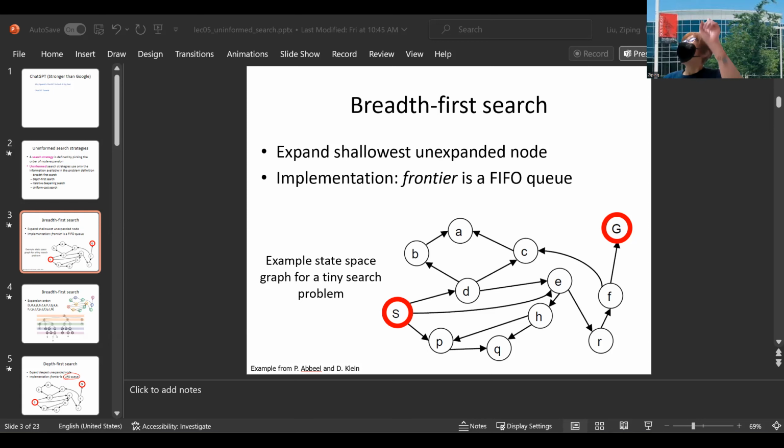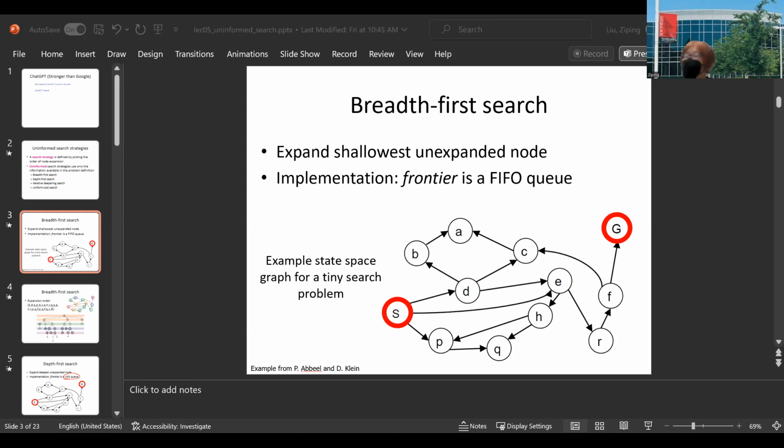And what's the next one? Then you go to E. Because the first element in the queue is E, you take E out and add E's neighbors. Who are E's neighbors? H and R, added to the queue.